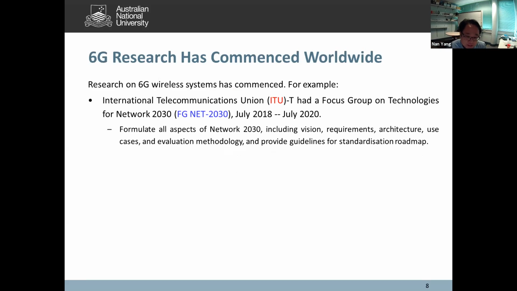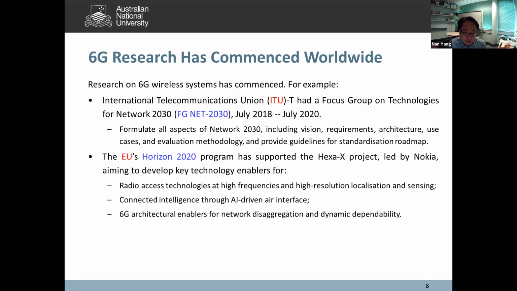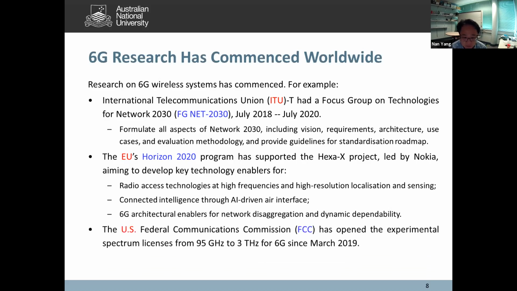And then in terms of research worldwide, the European Union's Horizon 2020 has recently supported a new project led by Nokia, aiming to develop key technologies for 6G. In the United States, the FCC has opened an experimental spectrum license for Terahertz Communications tests for 6G, which, as I mentioned, is directly relevant to Terahertz Communications.